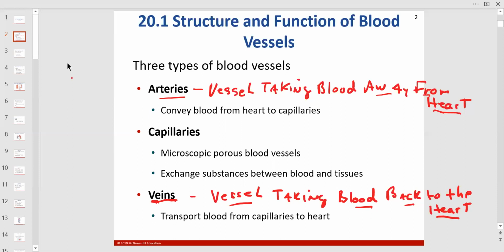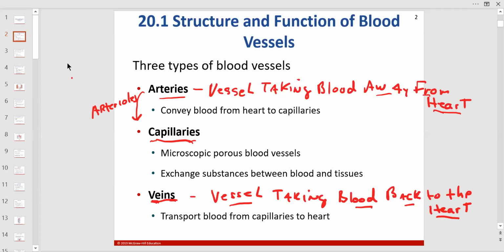So ultimately, the arteries are going towards the capillaries, and there's an in-between called arterioles. And that's going to the capillaries. So the capillaries are just basically one layer of endothelium with a basement membrane. No muscle layers, right?